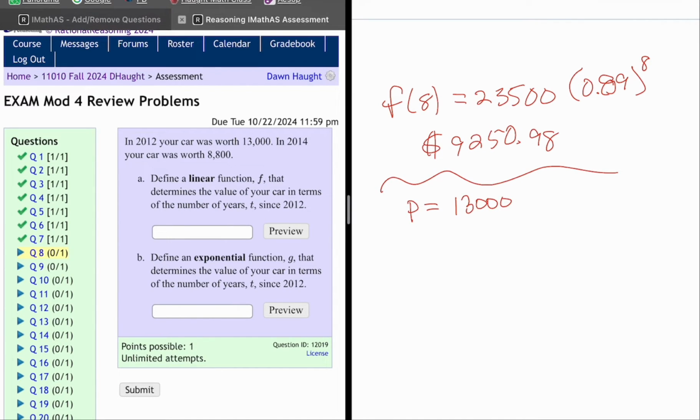Now, for a linear function, you want to think of slope, the change in y over the change in x. So our y values are the amount, the x values are the years.